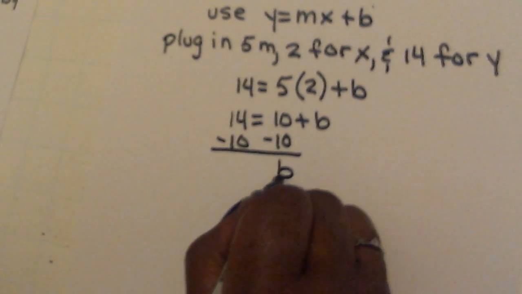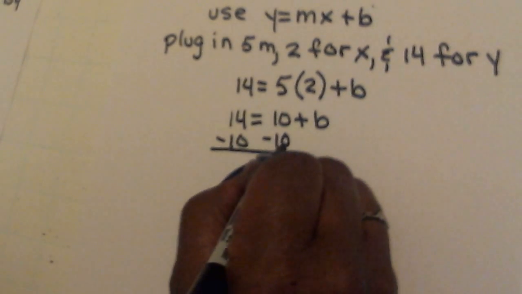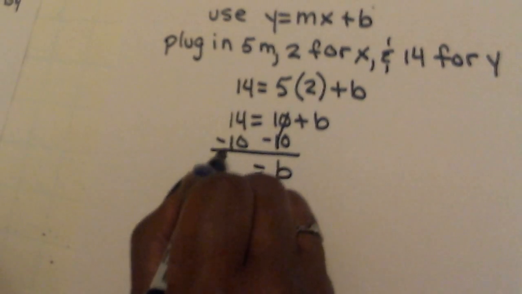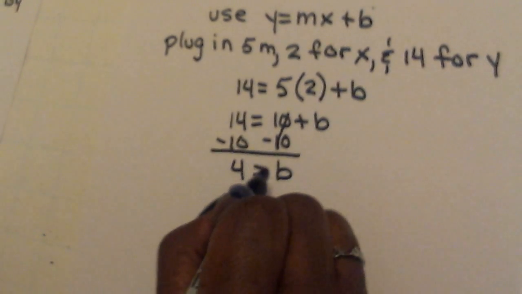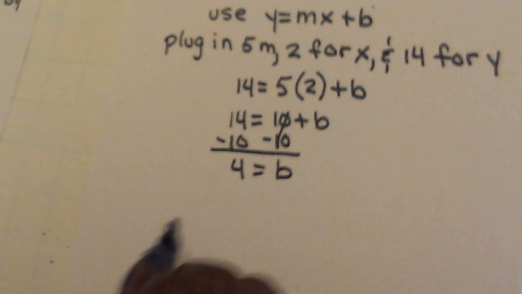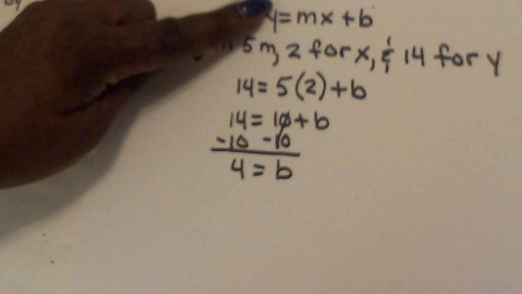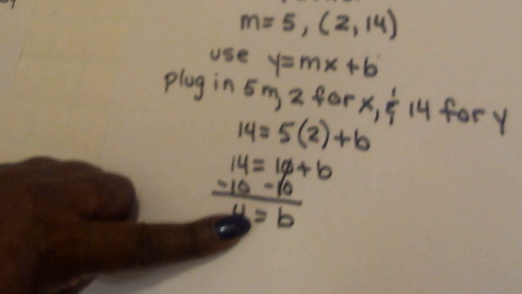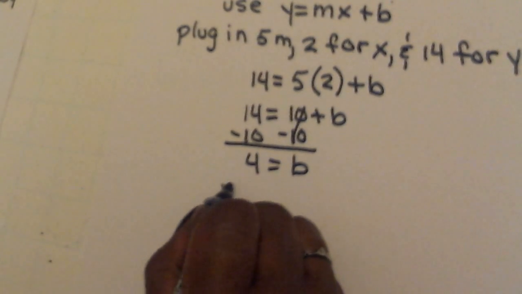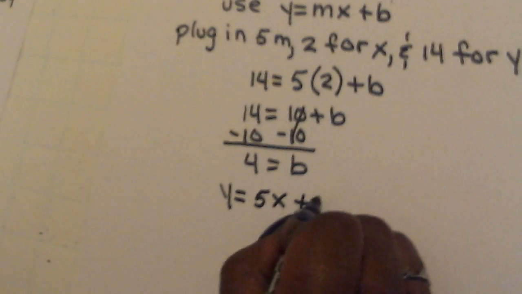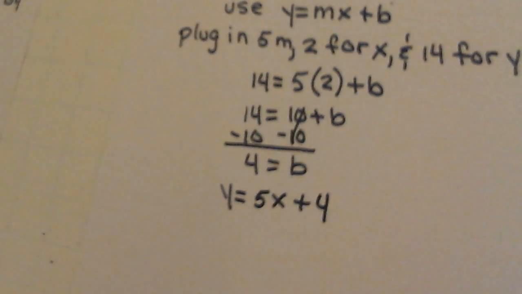I'm going to bring down my b. 10 minus 10 is 0, so they cancel. 14 minus 10 is 4, so the y-intercept, or b, is 4. Now I can write my equation. I know my slope, and I know the y-intercept. So the equation is y equals 5x plus 4.